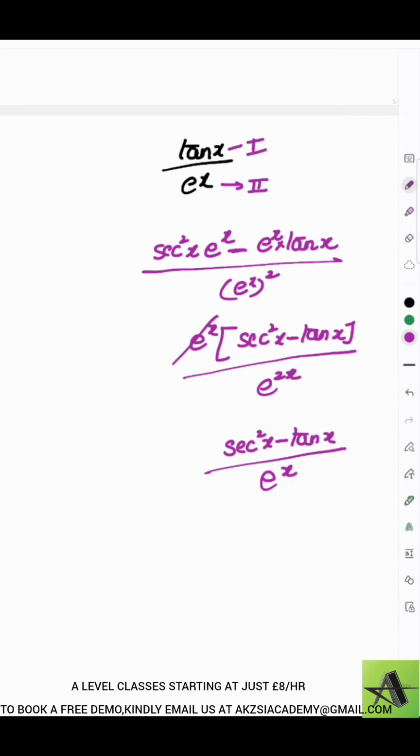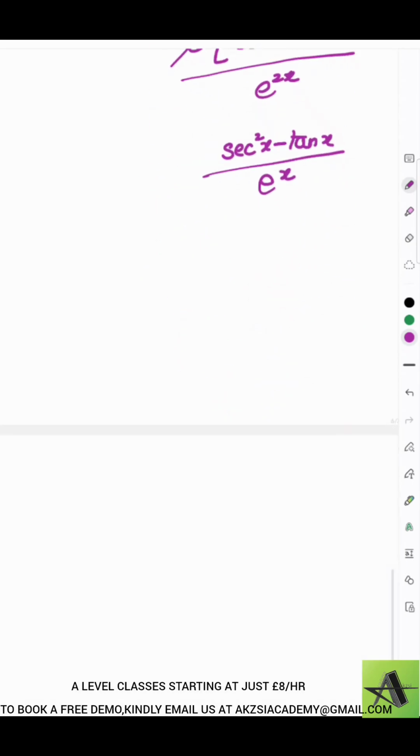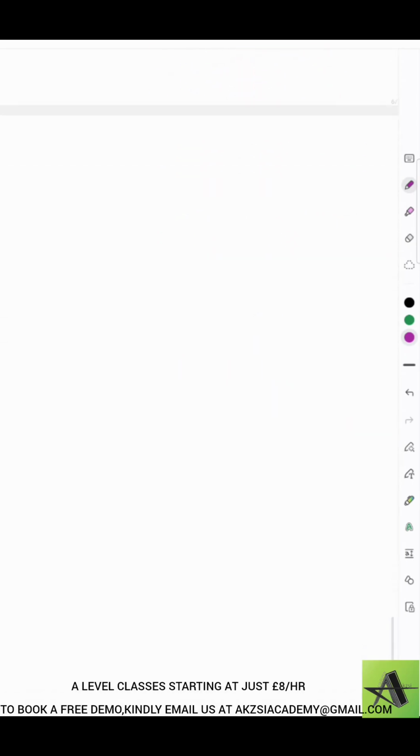Now, let me move on to the chain rule. Chain rule is generally used when we can't directly differentiate a function, when we don't know the known differentiation. Like take an example, if it's e to the power of 4x, we have studied that the derivative of e to the power of x is e to the power of x, but what if we have not just x but 4x?